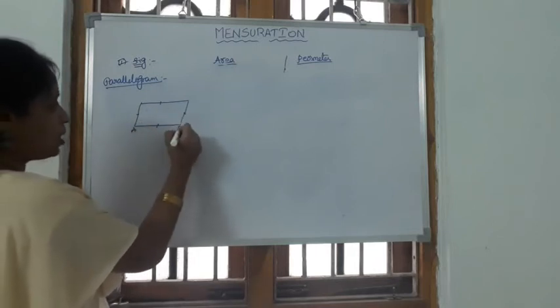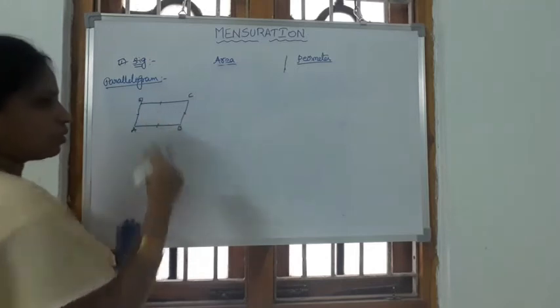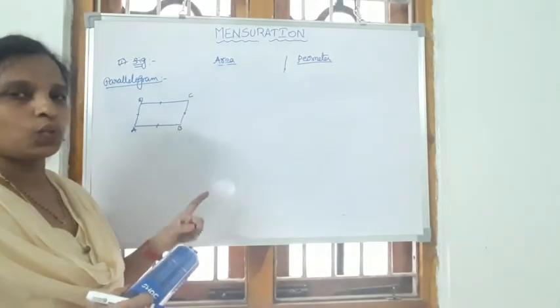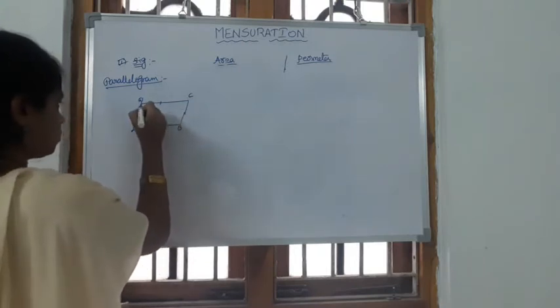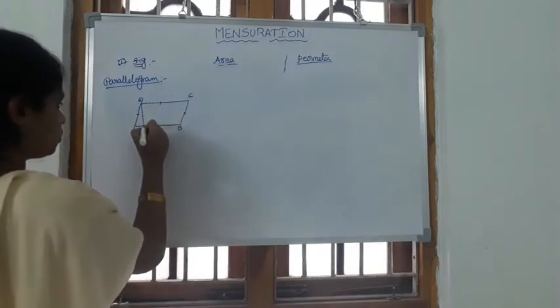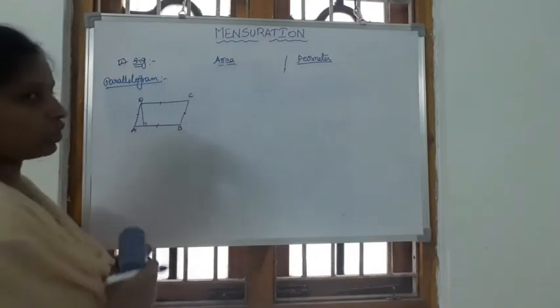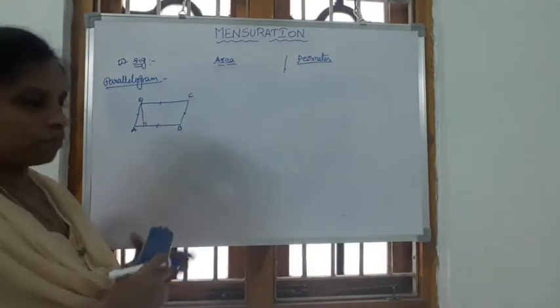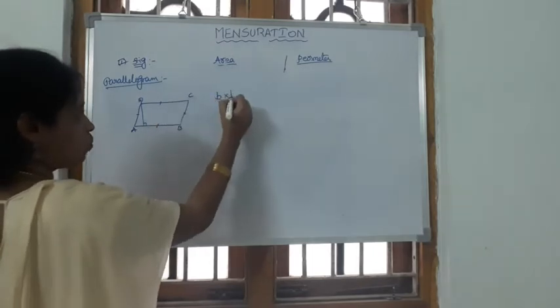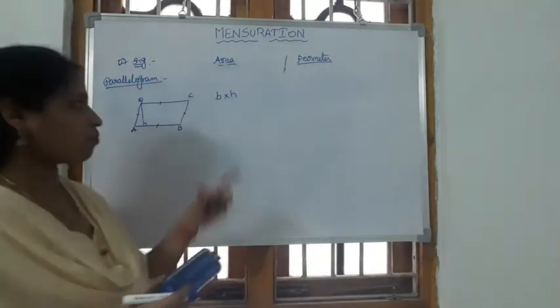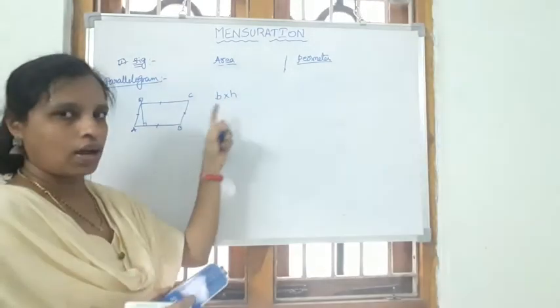A, B, C and D. Both the two pairs of sides are parallel to each other. If we draw an altitude on the base, the area of parallelogram formula is B into H. Area of parallelogram formula is base into height.